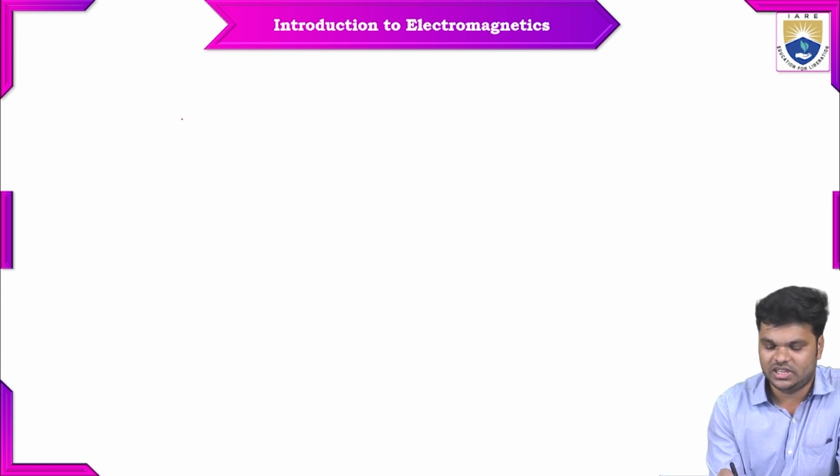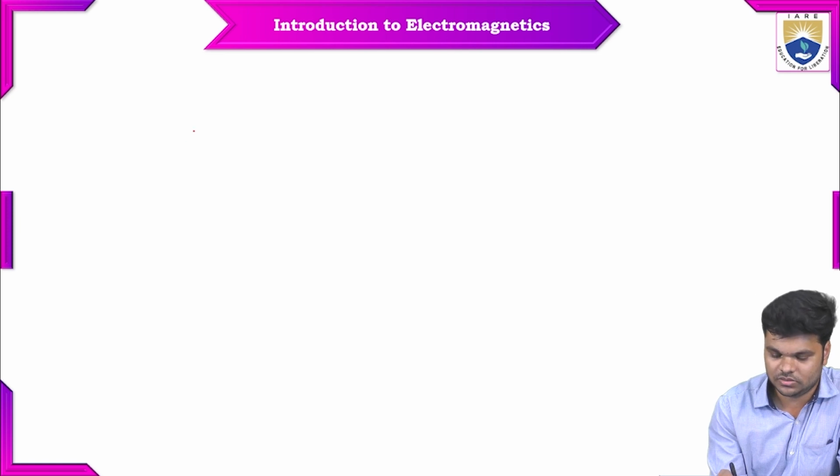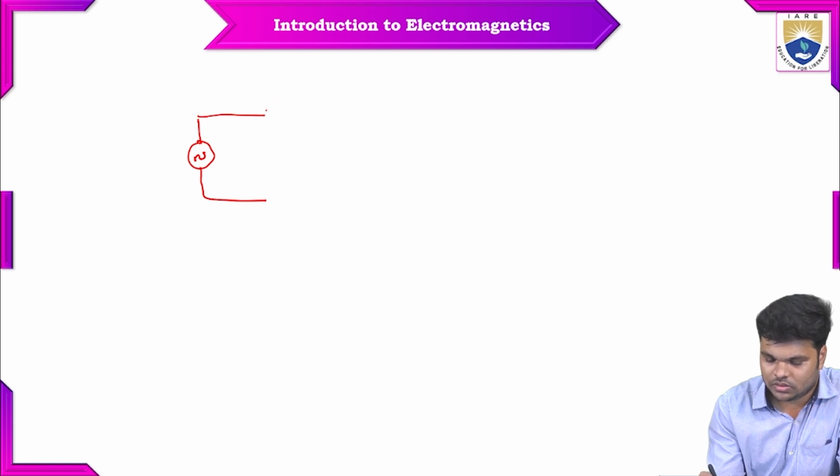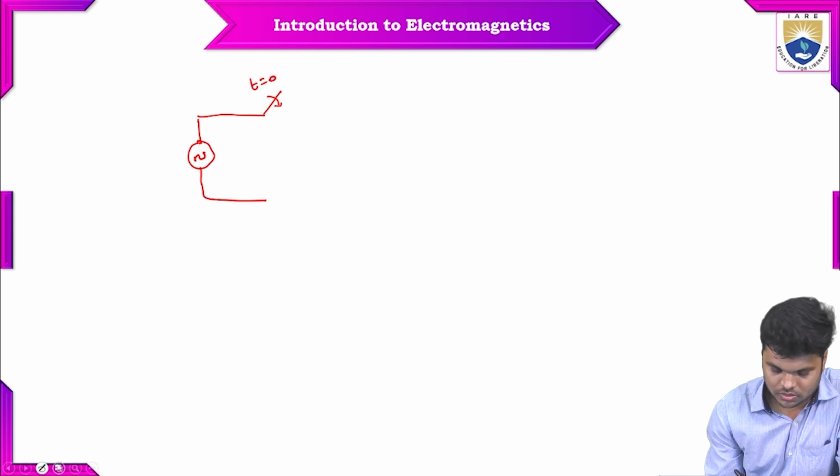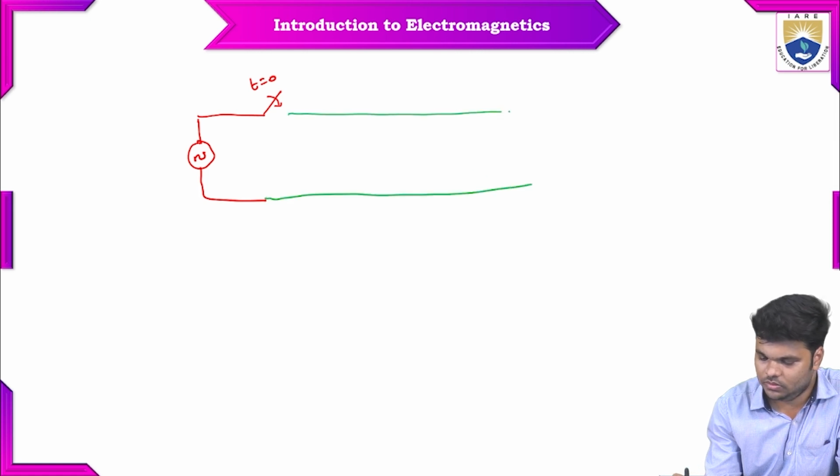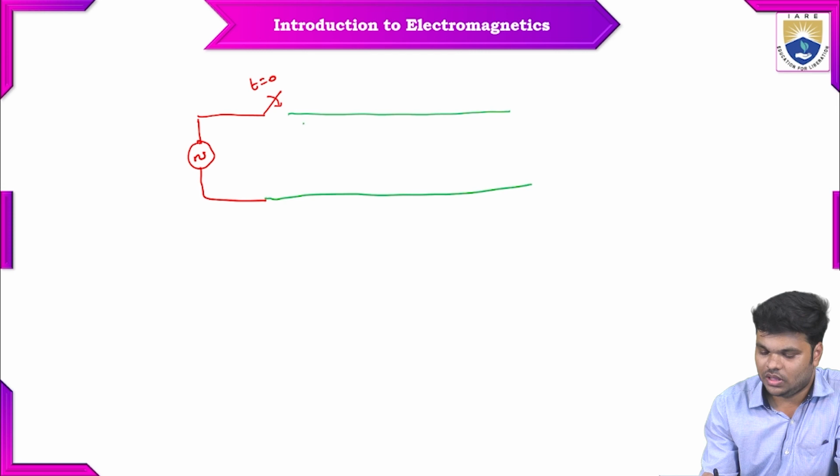Let's do some exercise before we start this subject. I have a voltage source like this, and I have wires like this. Let's consider that these wires are ideal and these wires are very long.